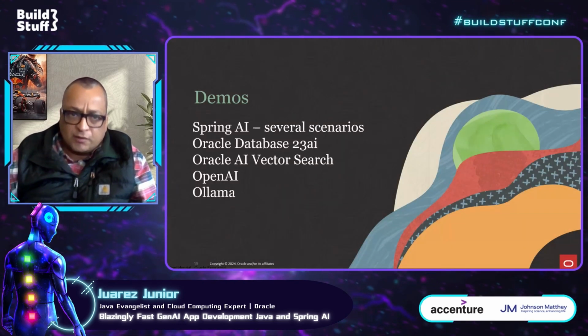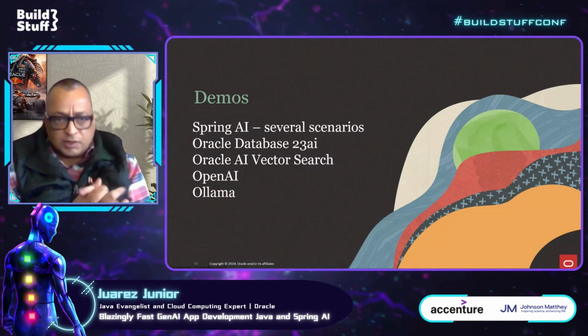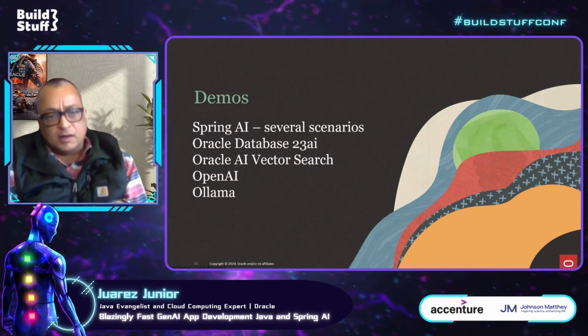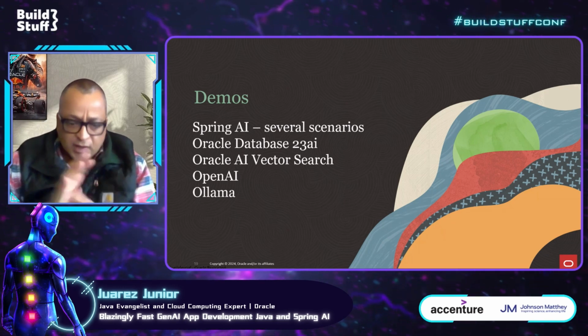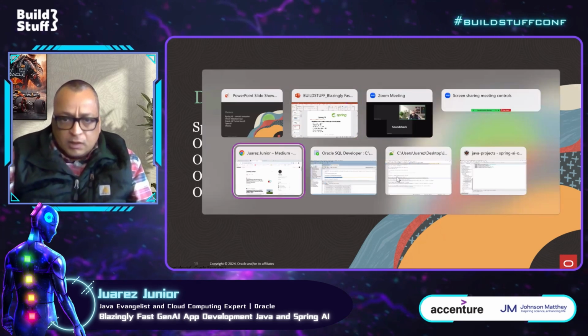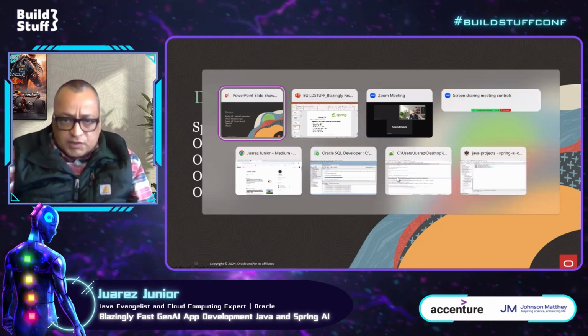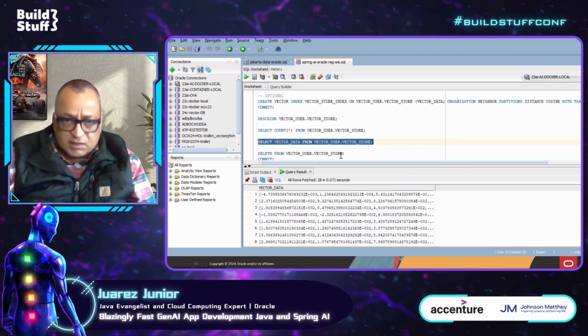Shifting gears now, we'll have a look at some demos with Spring AI. We'll show you the Oracle Database 23 AI and talk a little bit about AI Vector Search, OpenAI, and other things. Now, first thing, let me show you, this is actually a database.